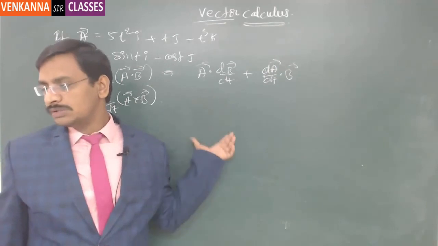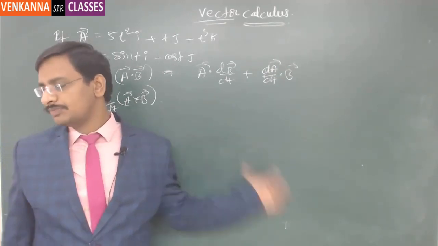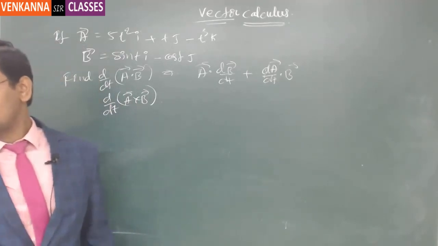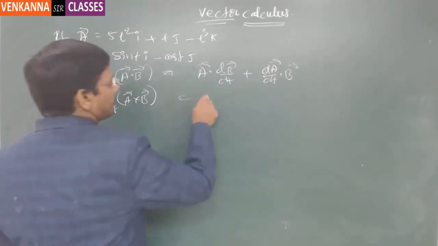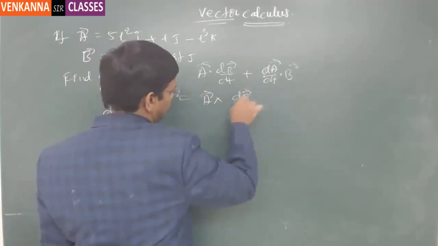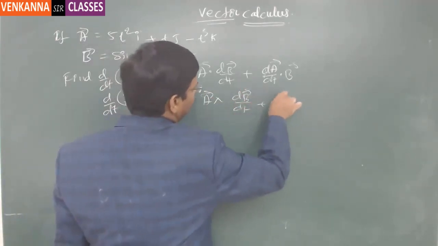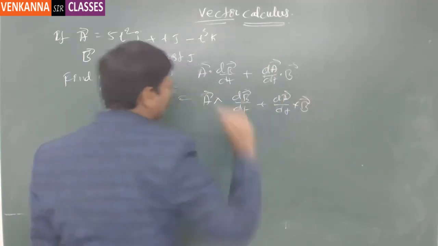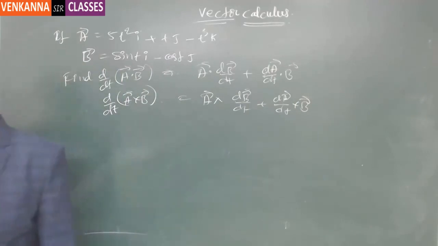You just need to do simplification. Nothing more than this. Got it? So here A cross B, this is how you should be doing it. So you can note down the answer, you can simplify on your own.